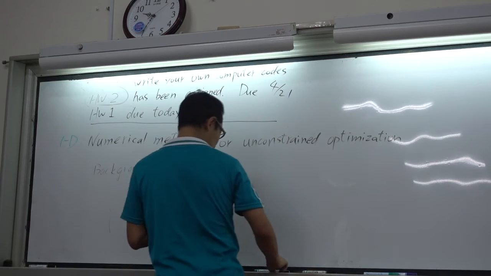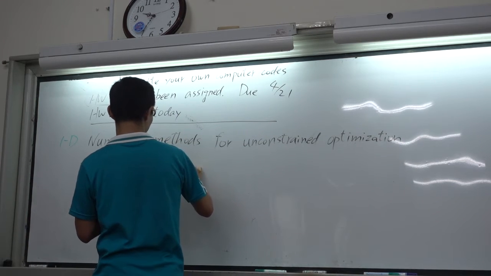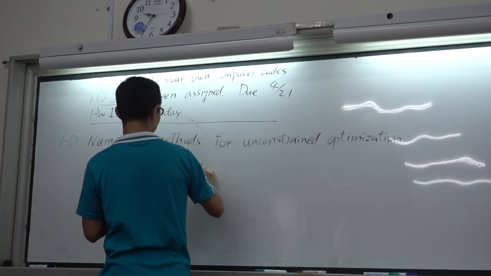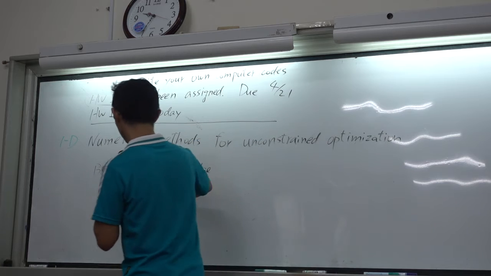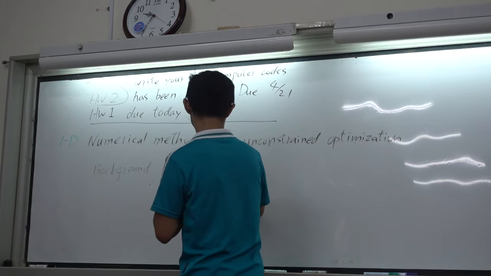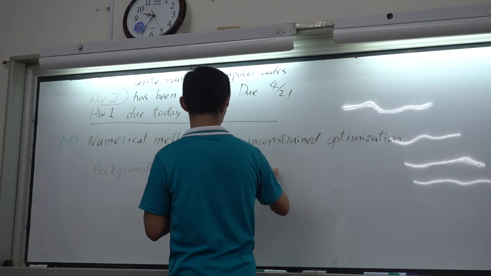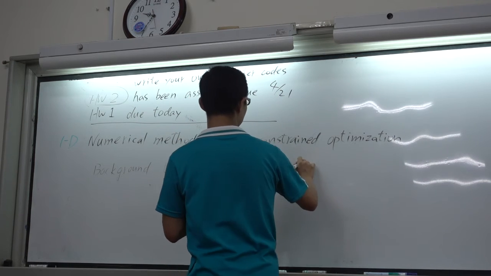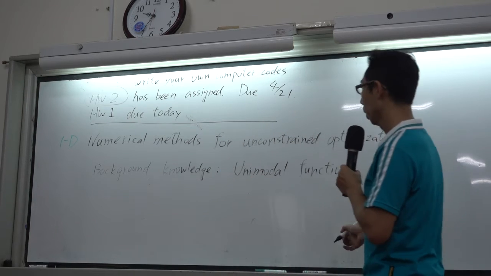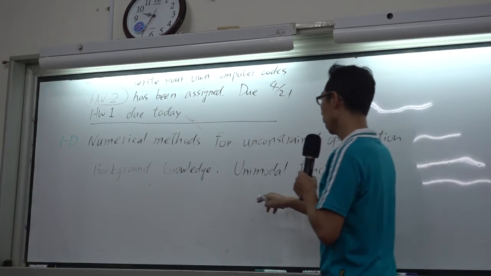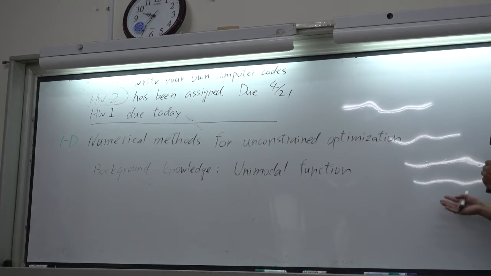During the second hour, I need to have some new pens. The so-called background knowledge is the so-called unimodal function, and it's actually a very simple idea.